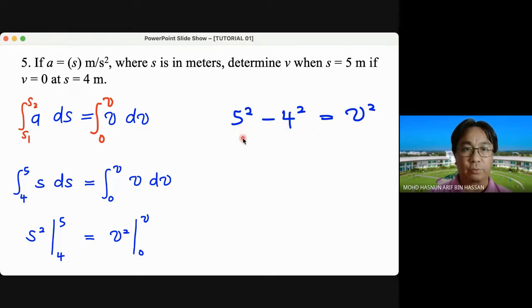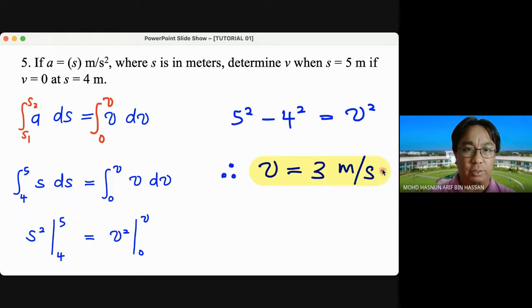Kat sini pun 5 square over 2, 4 square over 2. Okay, this is my mistake. And then you should get V equals to 3 meter per second. I will recheck this. This may be wrong also because I forget to put over 2 here. Okay, so this is how you solve this question when it involves integration lah.